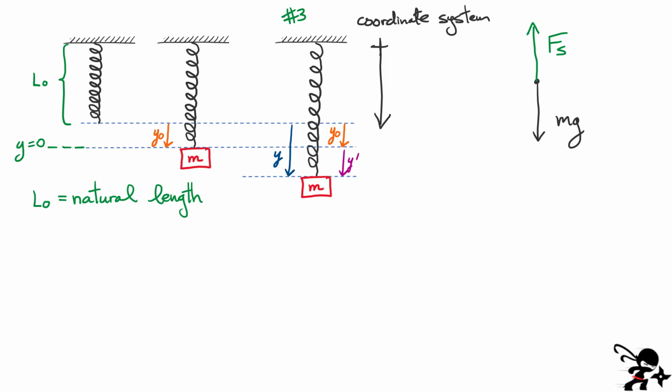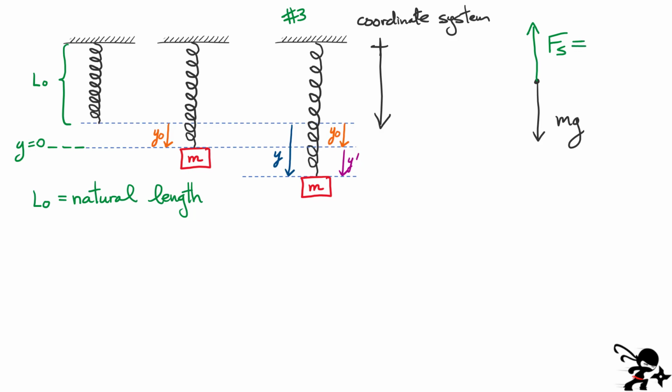So again, now I've started at this equilibrium position, which was y0 below the unstretched spring, and then I stretched it an additional distance y prime. Okay, and right here I'm going to release it. Once I release it, there are only two forces acting on it. There's the weight acting down, and there's going to be a spring force acting up.